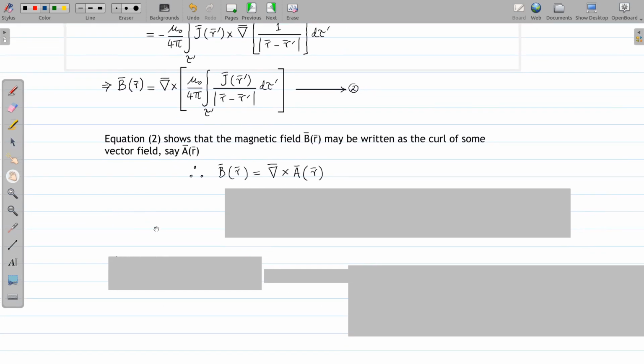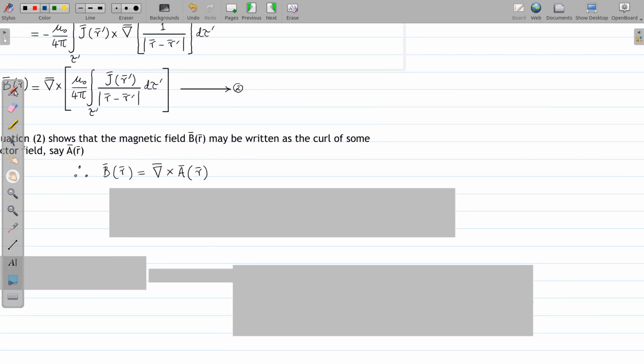So this is like a counterpart of what we had in the case of electrostatics. We saw that in electrostatics, the electric field at some point r could be written as the negative gradient of some scalar field, which is also a function of r, right? So here we call this the scalar potential.